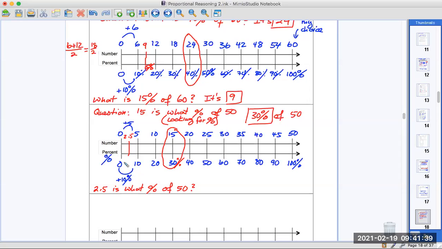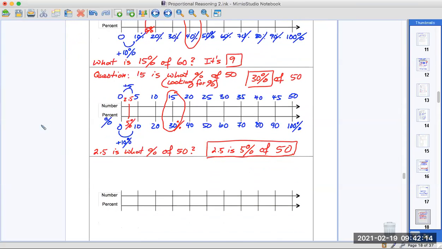So it has to be halfway between 0 and 10%. I'm going to answer correctly. 2.5 is 5% of 50. That is the best answer because you're covering all your bases. You're answering in a sentence. So it's just not a number thrown out that you're kind of going, what does that mean?